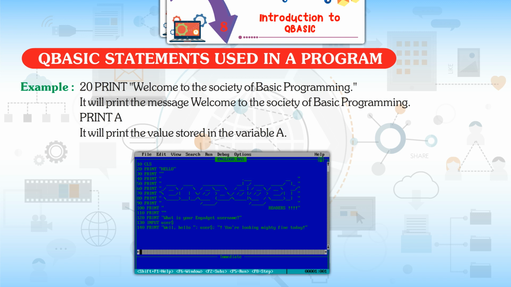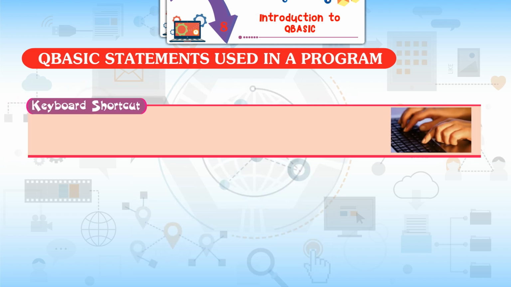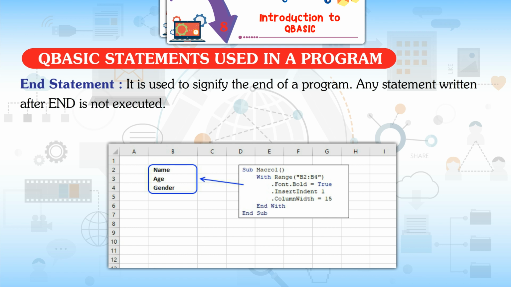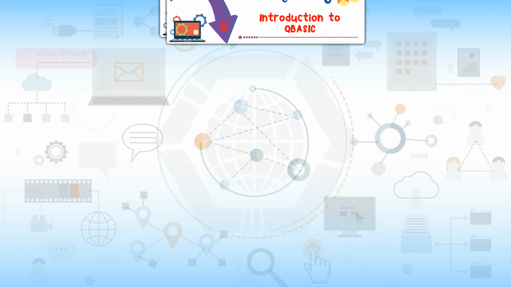Example: 20 PRINT "Welcome to the Society of Basic Programming" will print the message Welcome to the Society of Basic Programming. PRINT A will print the value stored in the variable A. Keyboard shortcut: press Alt plus F to select the File menu, then press N to select the New Program option. END statement. It is used to signify the end of a program. Any statement written after END is not executed.